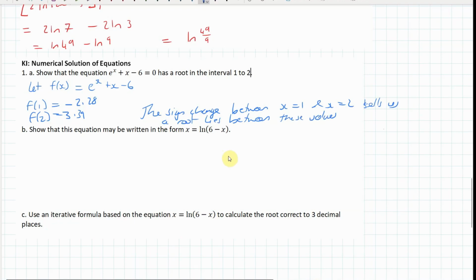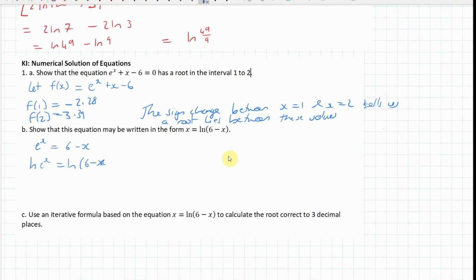Okay team, for this next one, my first step would be to rewrite the equation e to the x equals 6 minus x. Then I would take ln of both sides, so ln of e to the x equals ln of 6 minus x.